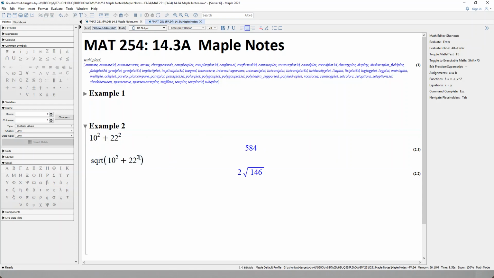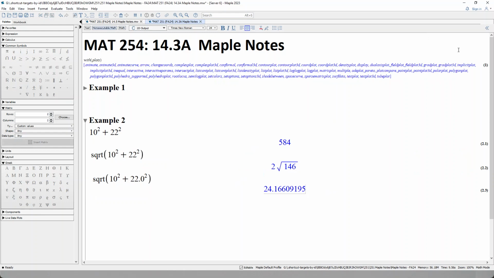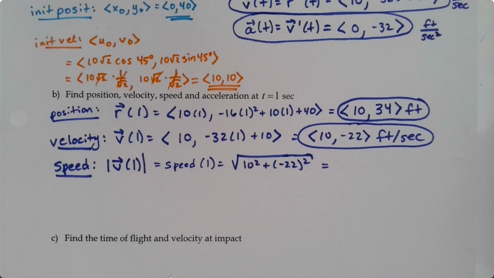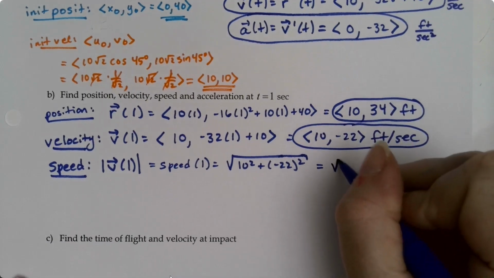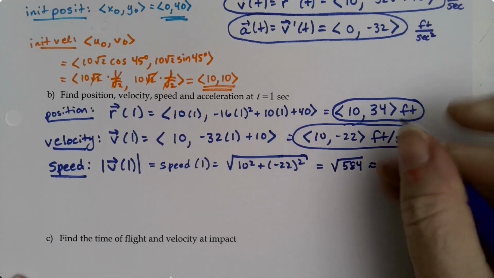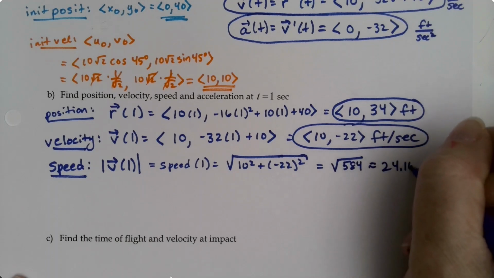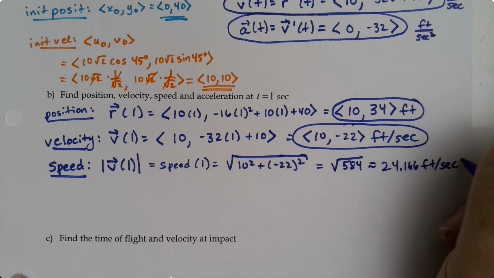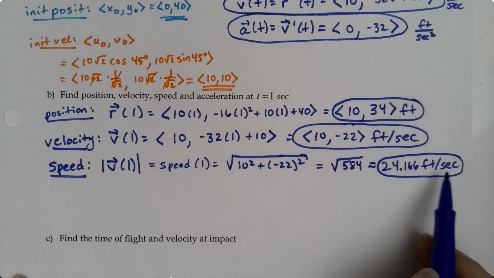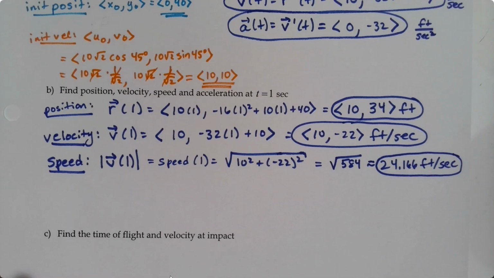So I know it's the square root of 584, but of course Maple will simplify that for me and tell me it's 2 square root of 146. I wanted a decimal approximation for that, and I don't currently have the math editor up, so I just did it this way. I just put in a decimal, and it tells me it's about 24.166. Okay, so that's my speed. My speed is the square root of 584, which is approximately 24.166 feet per second. Speed has the same unit as velocity, right? They're both feet per second.